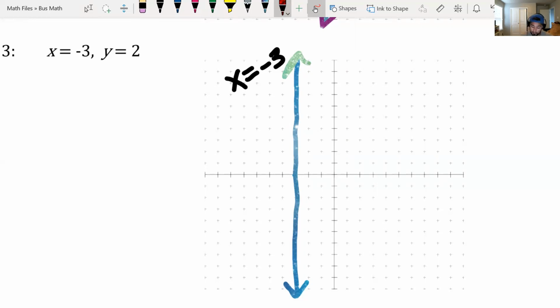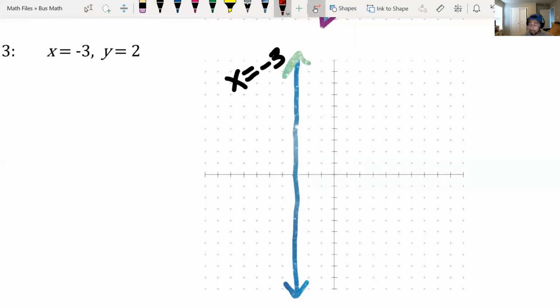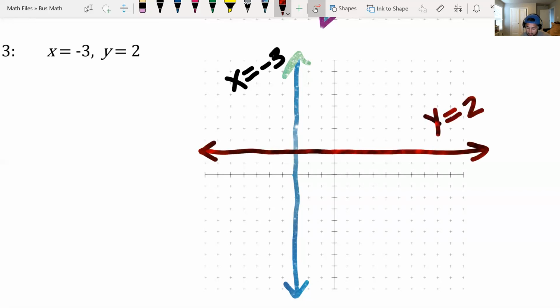So find 2 on the y-axis, which is right there, and just draw a horizontal line going across. And this is y equals 2.